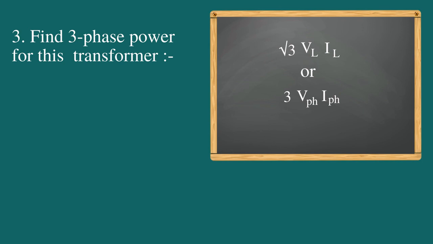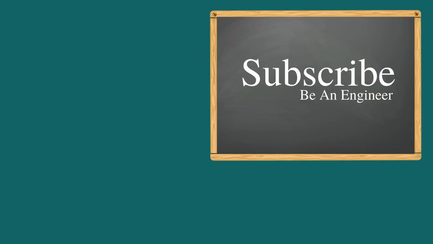Some people prefer √3 VL IL, some 3 VPH IPH. Are they same? Are they different? Whatever it is, you have to solve the question and put the right answer in the comment box. If possible, I will make a video on three phase power, whether it is for transformer or for power system. So I will try to make the next video on three phase power.